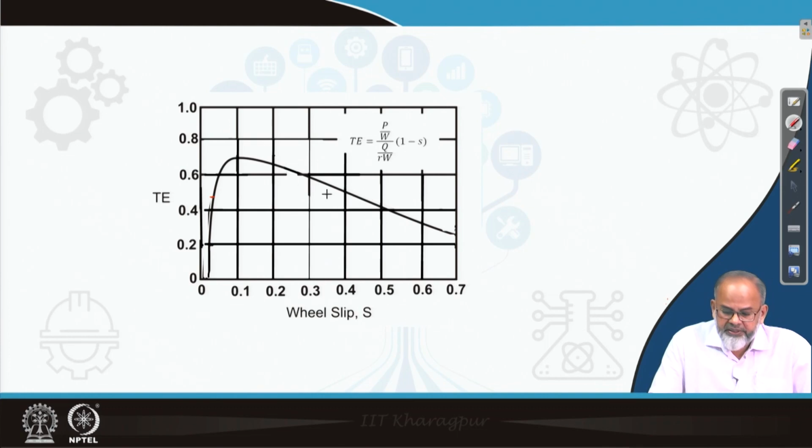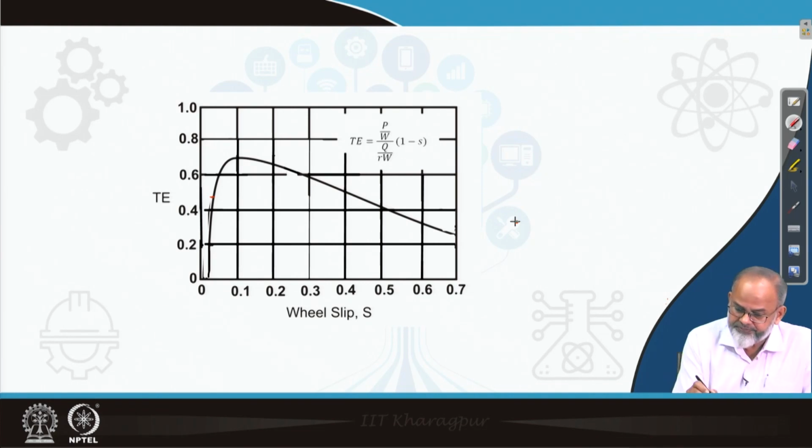Now, tractive efficiency can be defined by two parameters. One is, I can write, tractive efficiency as P by thrust, and then 1 minus S I can write as VA by VT.